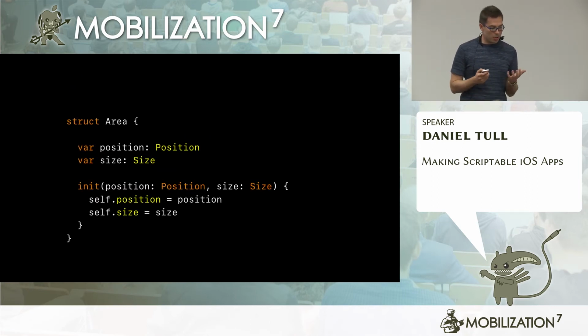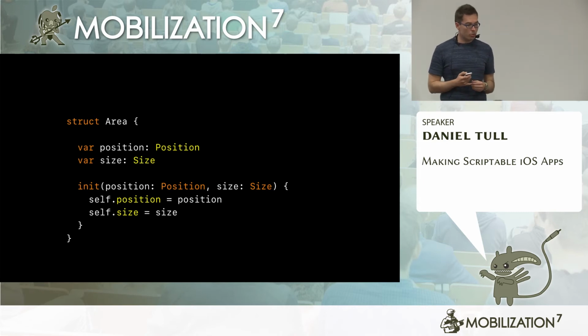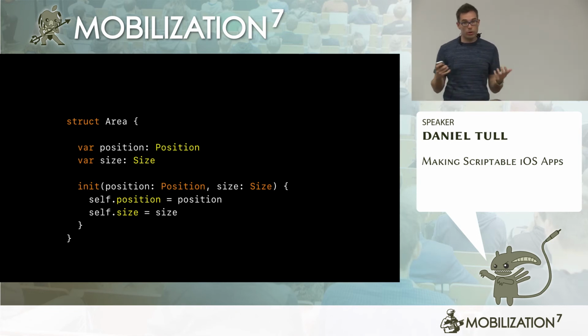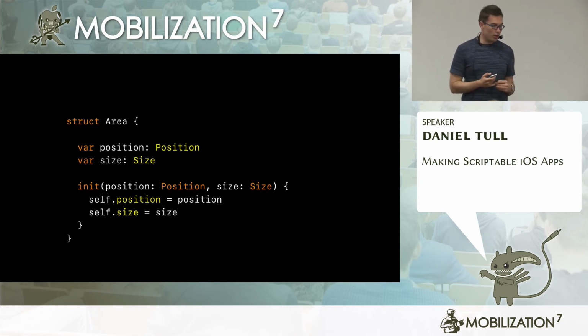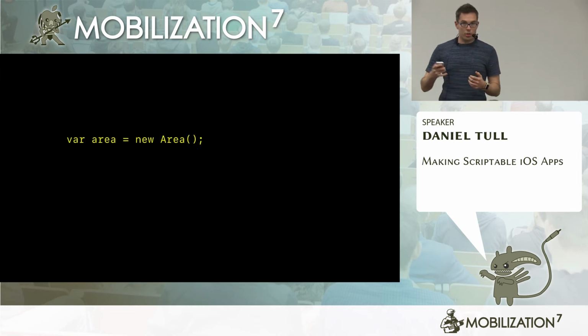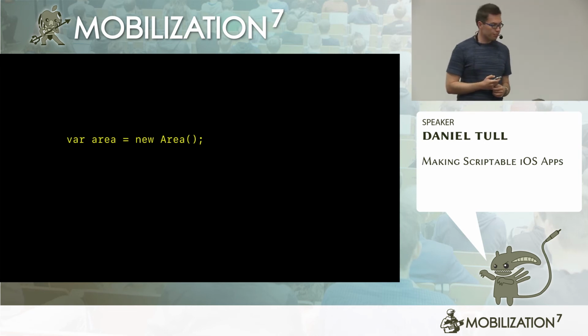For something a bit more meaty, imagine we had a struct type, an area type, which took a position and a size. And a size has a width and a height, as you might imagine. And this area has an initializer, the position and the size. And we've exported this through the previous mechanism.